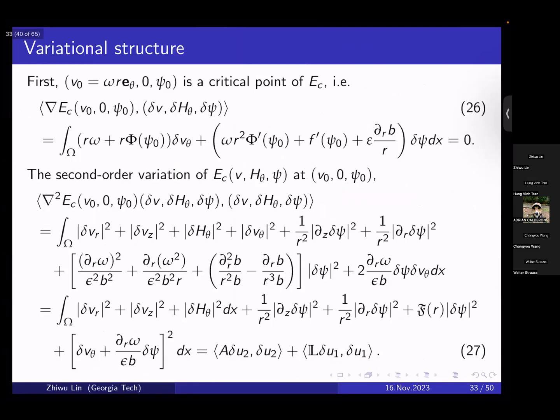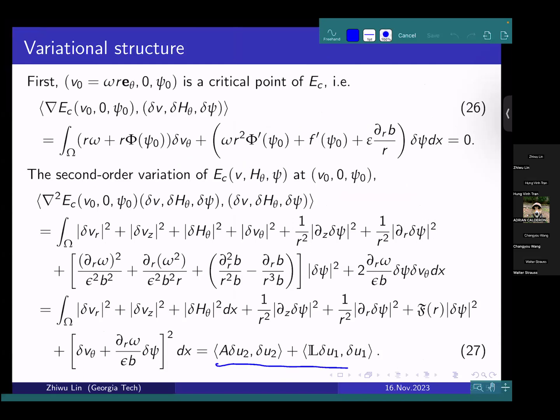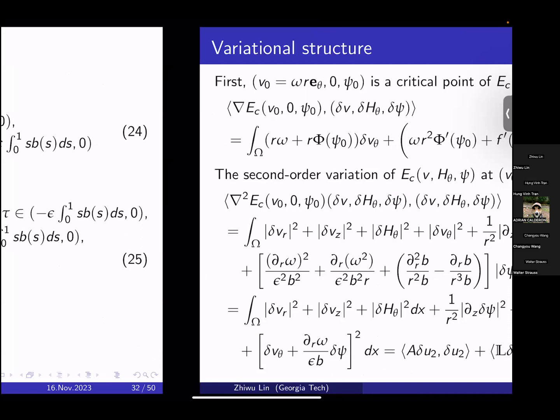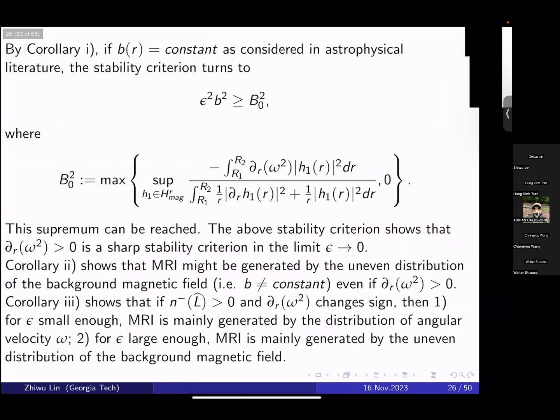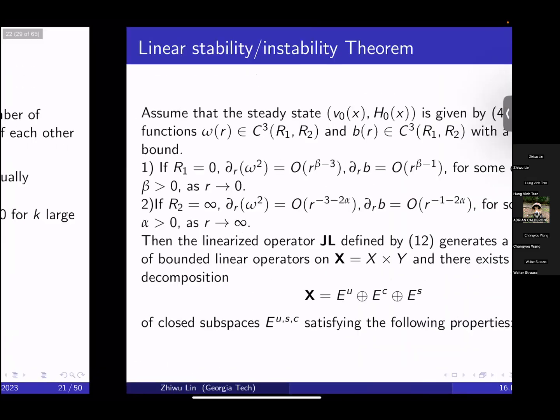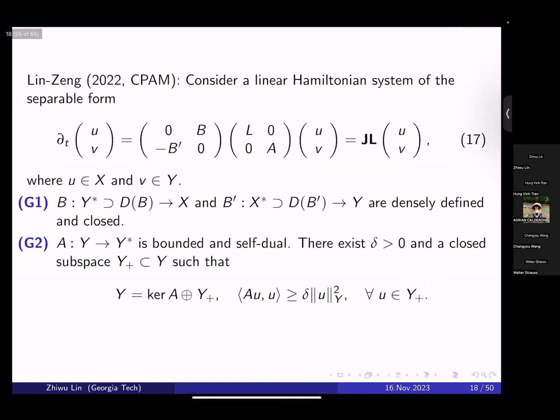And for the second variation, after some algebra, if you do some completion of square and regroup the expression of the second variation, you can see it recovers the symmetric part of the linear Hamiltonian structure. So this quadratic form is exactly the quadratic form associated with this linear Hamiltonian system.